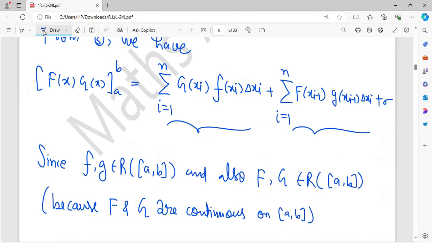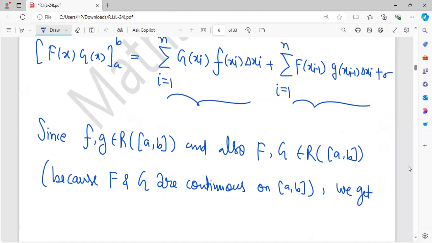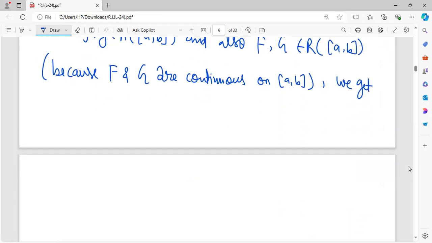Okay, we get G into f, and F into small g, also Riemann integrable over the closed interval [a, b]. Okay.